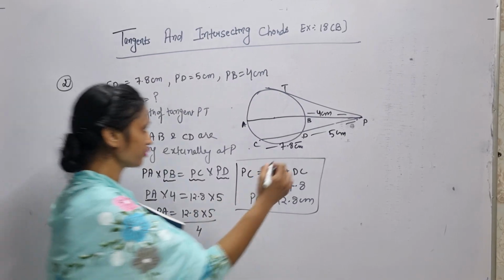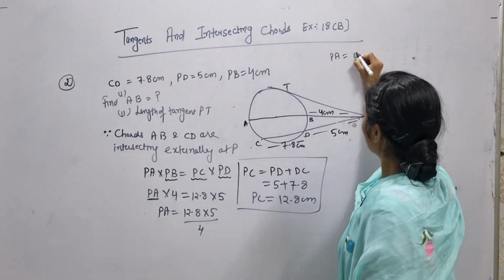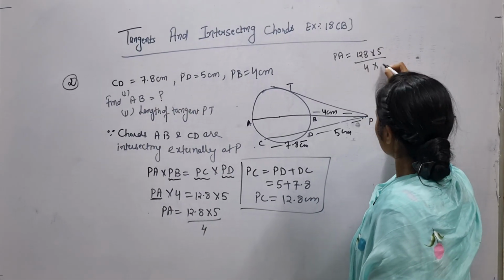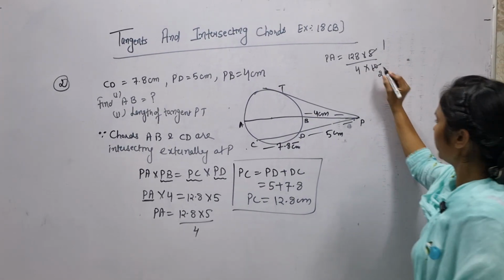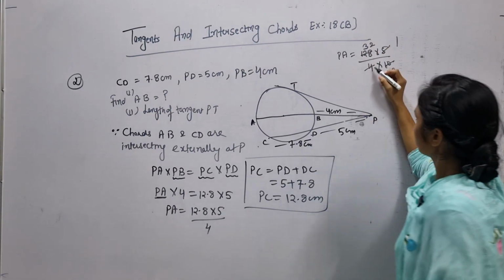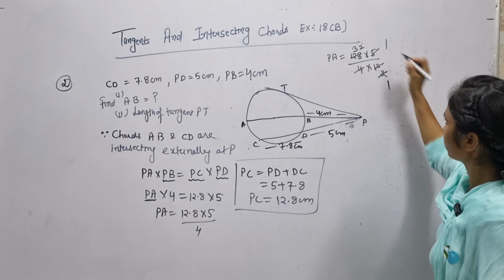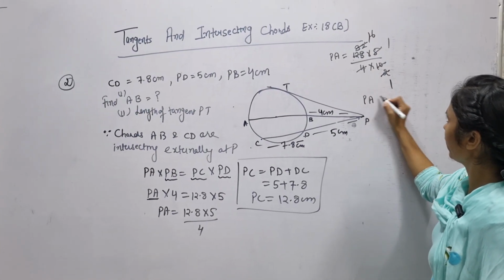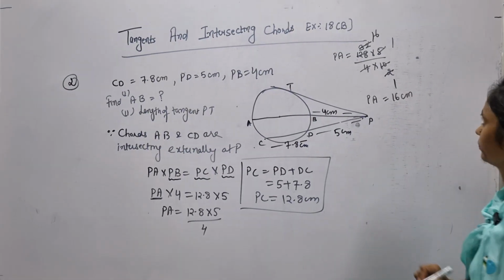Remove the decimals from here. You will have PA is equal to 128 into 5 upon 4 into 10. 4 3 the 12, 4 2 the 8, 2 1 the 16. So PA is equal to 16 centimeter.